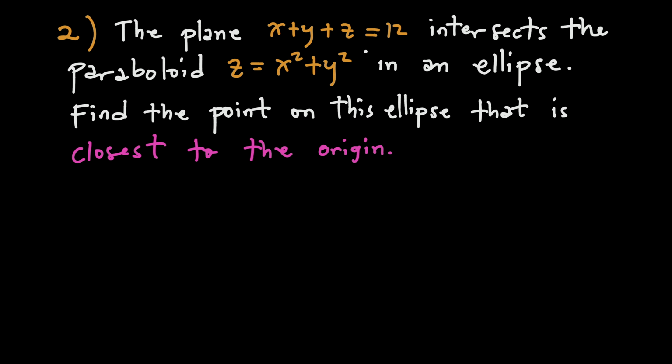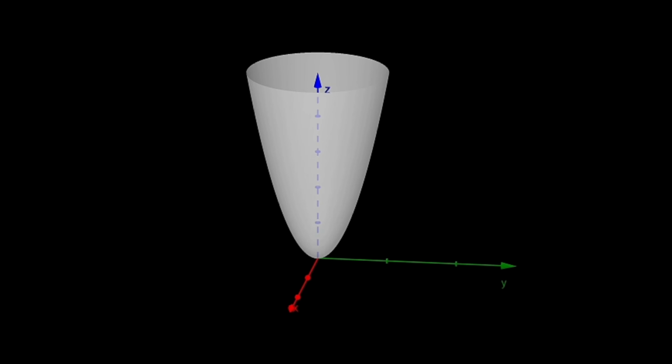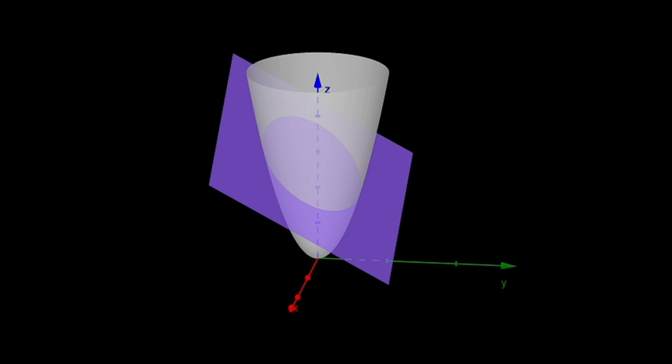Now, for the challenge problem, we have this plane equation and this paraboloid, whose intersection is an ellipse. Now, find the point on this ellipse that is closest to the origin. Now, the plane given in the problem and the paraboloid are graphed as follows.